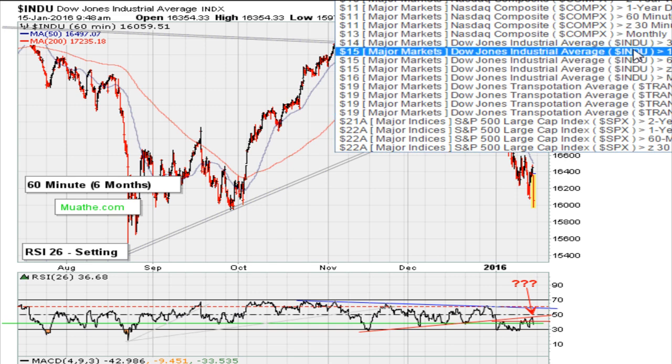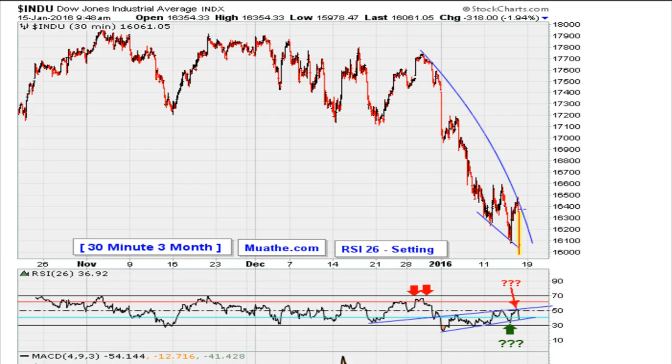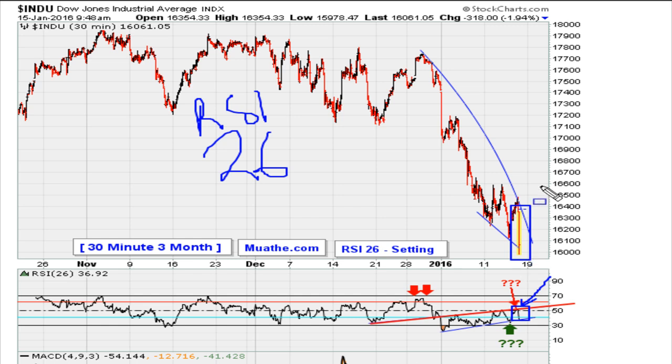Take a look at the 30-minute for the Dow, and we can see the same type of analysis. On these Dow charts I'm using RSI period of 26, so it's a little bit different, but you can see the same analysis. We did show resistance, and as we moved below 50 at the open, we had this big drop. As you move below 50 or above 50, you get a big swing. Here we are moving below 50 on the hourly RSI, hence the big drop.